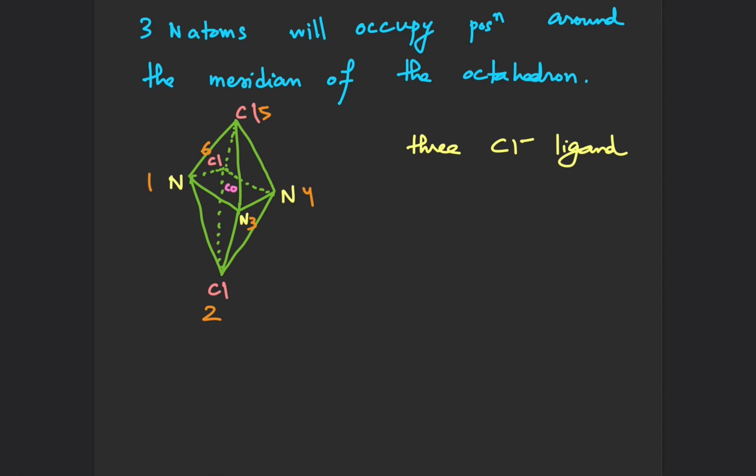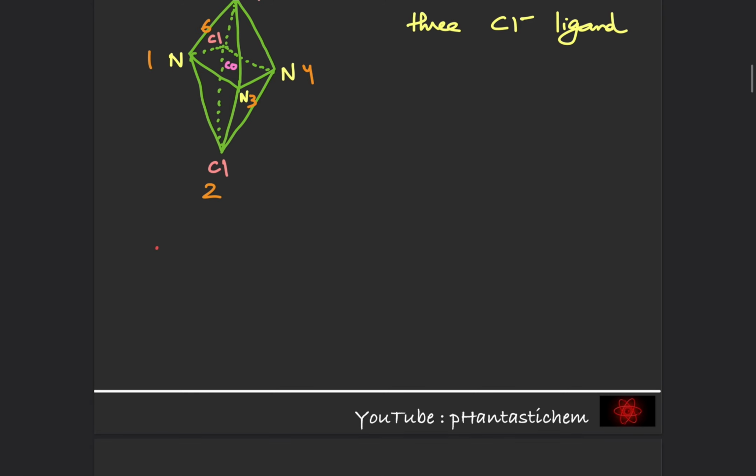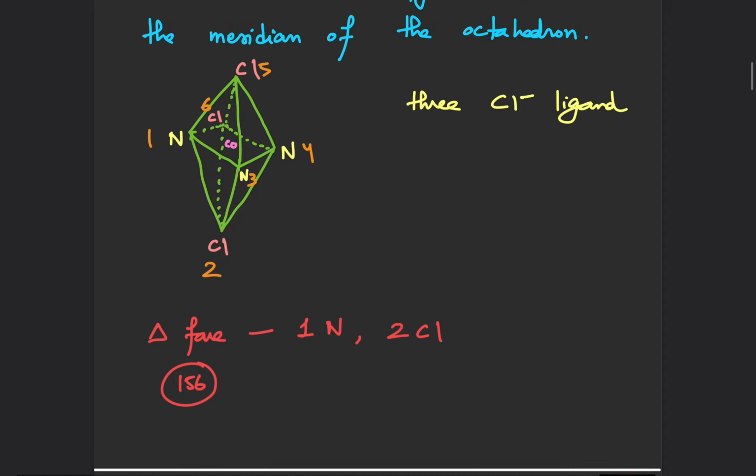The question wants the total number of triangular faces having one nitrogen atom and two chlorine atoms at their corner. So in mer-[Co(NH3)3Cl3], face 156 has one nitrogen and two chlorine.